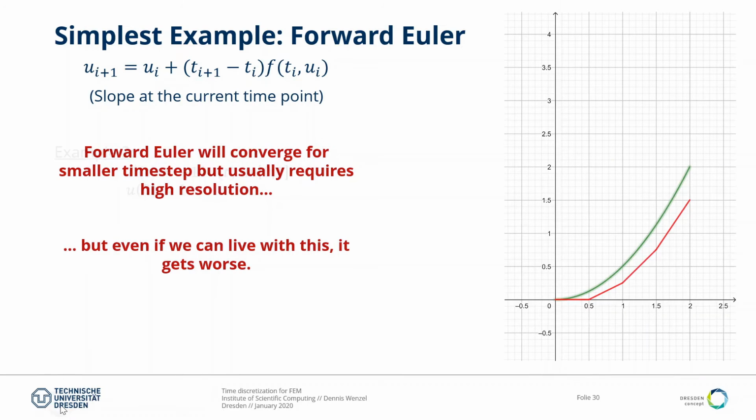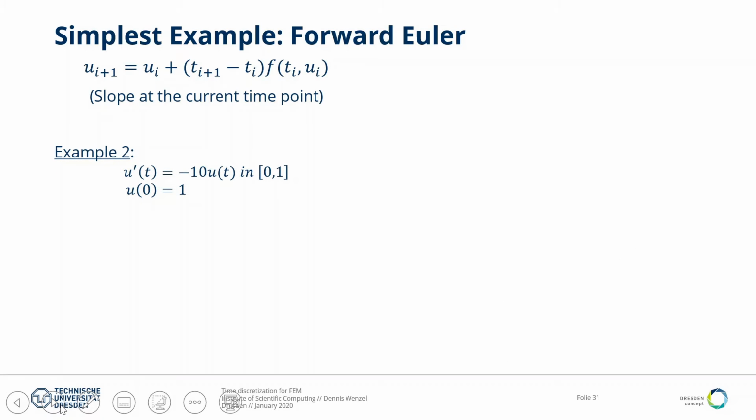And to find out about those problems, we look at a different example. Now our differential equation is given slightly different, and most interestingly, the difference is that our right-hand side again depends on the function u itself. That is the most common case, because in the other case that we have just seen, where you just had t on the right-hand side, you don't need any time stepping to compute the solution, right?